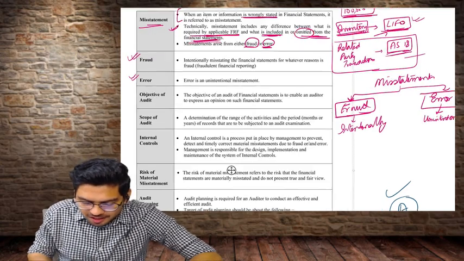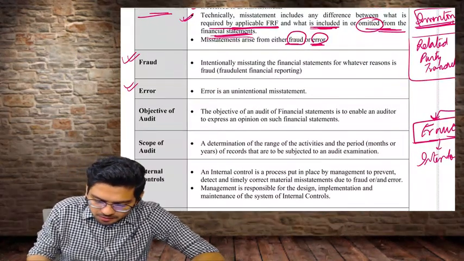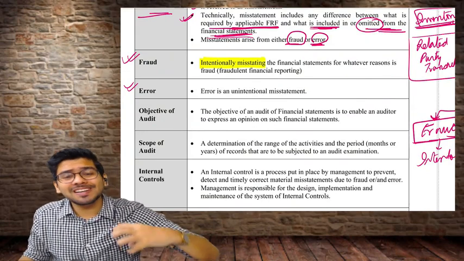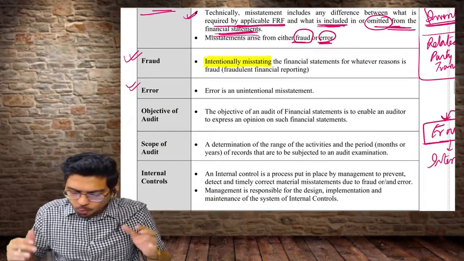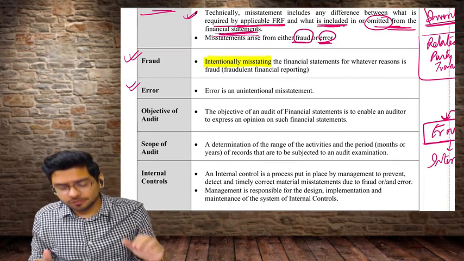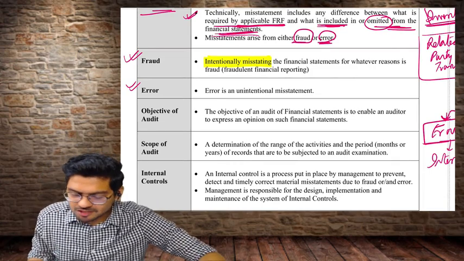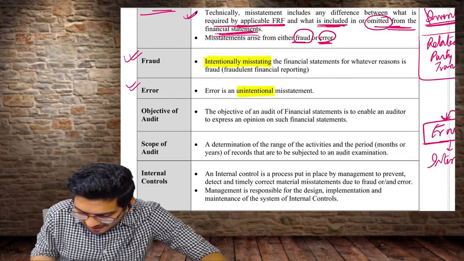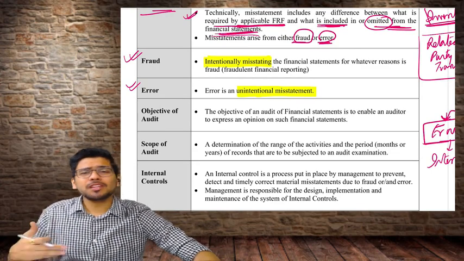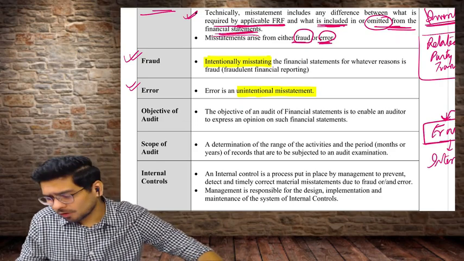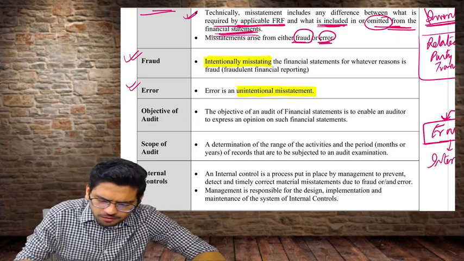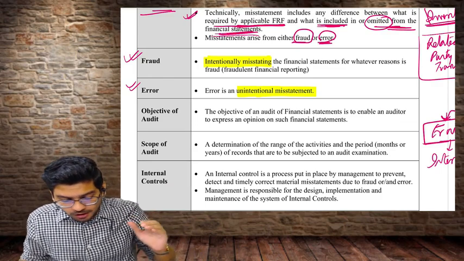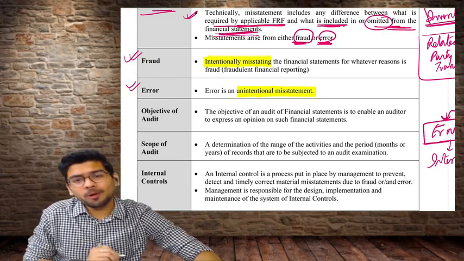Just remember one word: if the misstatement is done intentionally in the financial statements for whatever reasons, it is called fraud. And error is an unintentional misstatement, something which happens out of carelessness or out of lack of knowledge of FRF, etc. So misstatements arise either from fraud or error.